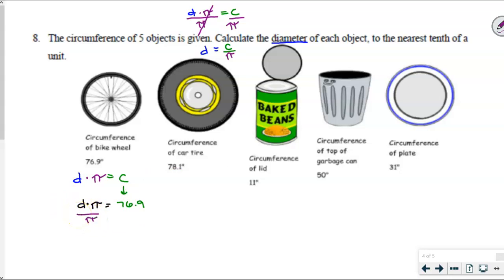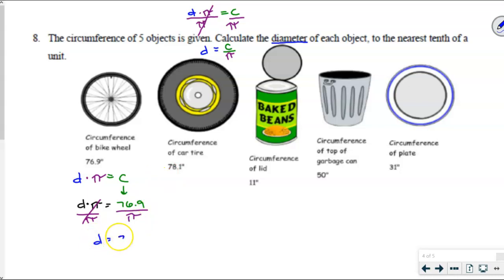Now we can divide by pi. And yes, ultimately I know what I'm typing into my calculator, but this shows me why I'm typing 76.9 divided by pi into the calculator. When I do this, you guys are going to be faster at this than me, I think. 76.9 divided by pi. I got 24.478.